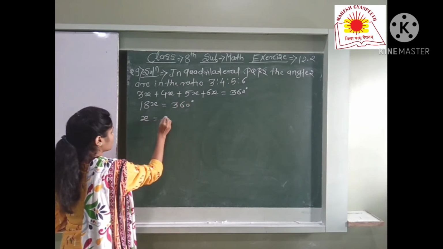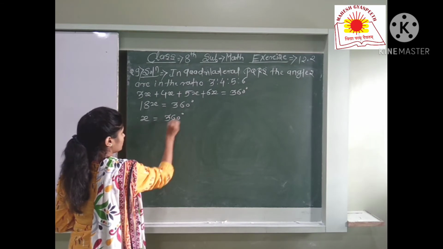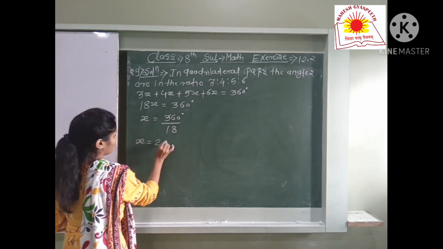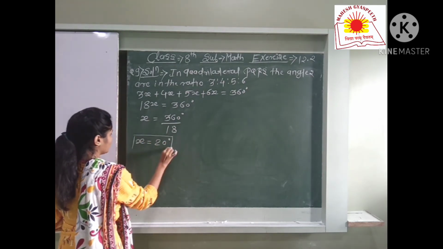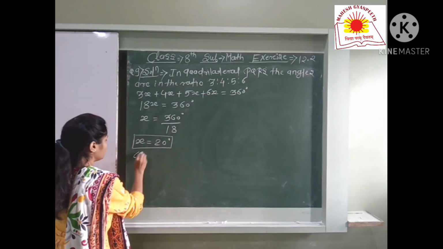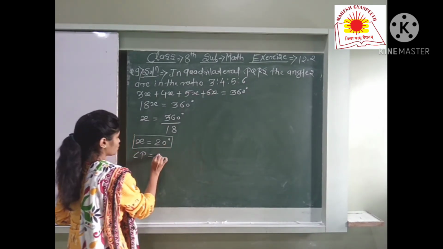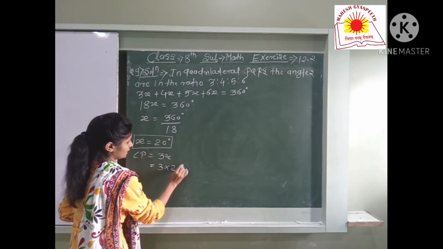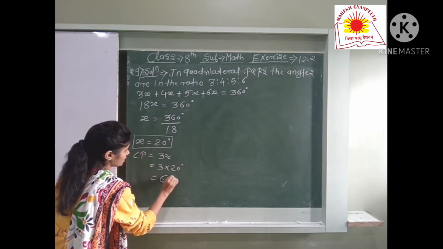Now 18 is on this side, so 360 divided by 18. So x is equal to what? 18 twos are 36. So x is equal to 20. Okay. Now first we have to find the angle P. What is the angle P? 3x. 3 multiplied by 20 is equal to 60.